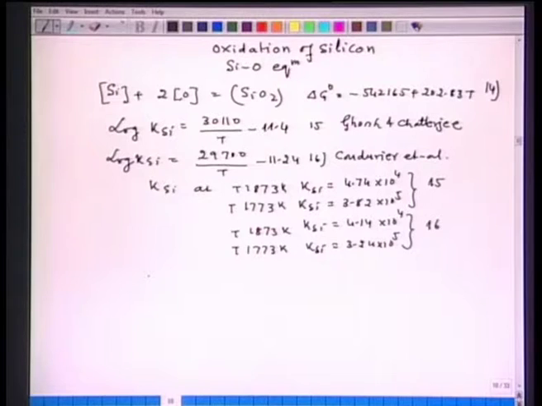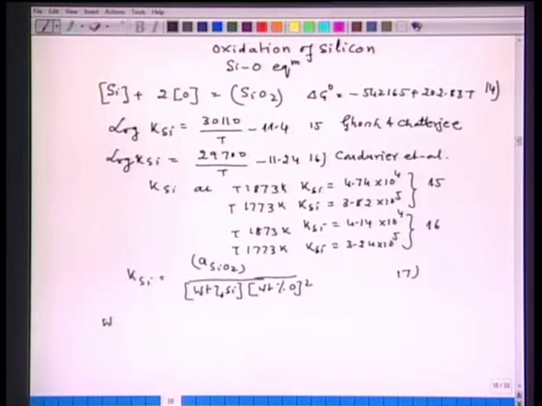Now, if I write down the value of K from equation 14, then I get K silicon equal to activity of SiO2 in slag, recall, over weight percent silicon in metal into weight percent O squared, and let us put this as equation 17.